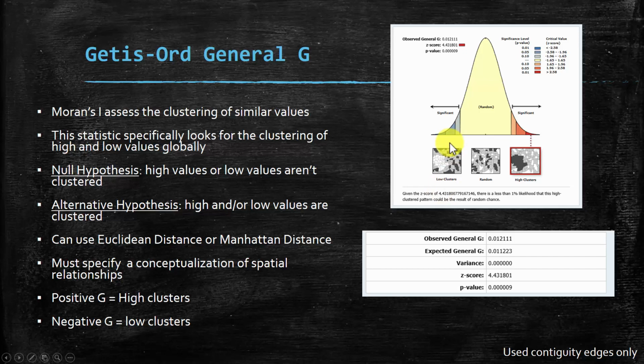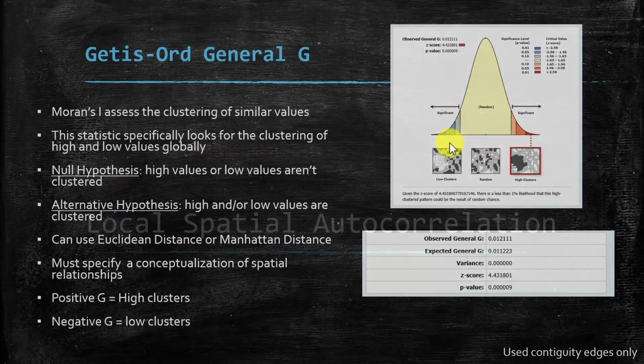Honestly, I tend to use Moran's I more often than I use this test, but I did want to mention it. Note that it is different. It's assessing high clustering and low clustering as opposed to just whether similar values are clustered or dispersed. Okay, so again, this was a significant high clusters example.